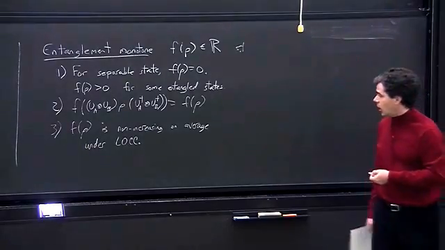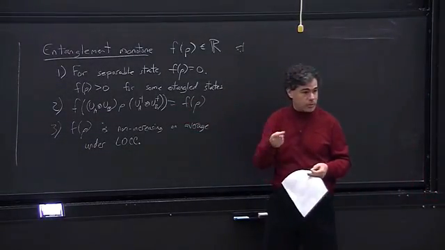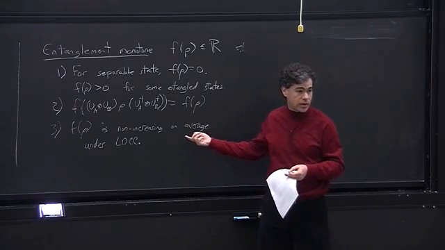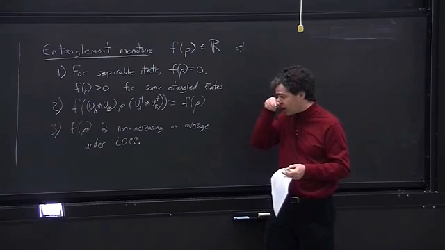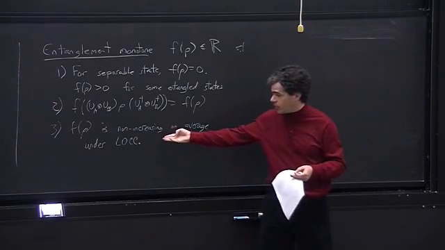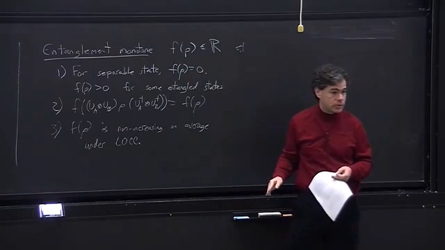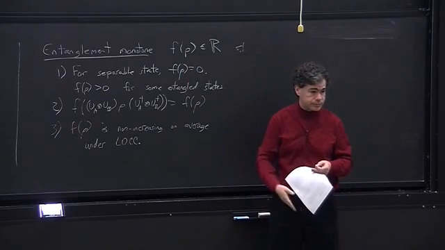So it is possible to have a specific outcome that increases entanglement when you do these measurements. But on average, the entanglement is not going to increase. And this is the main thing that gives the name monotone here, because this property is monotone under LOCC.